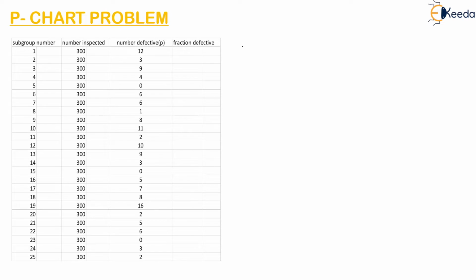Similarly, for sample number 4, n is equal to 300 and np is equal to 4, that is p is equal to 4 divided by 300, which will give us 0.013 as the answer.